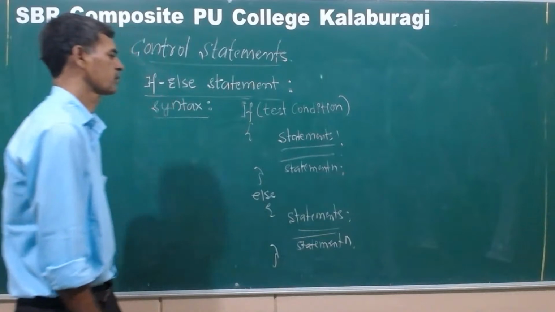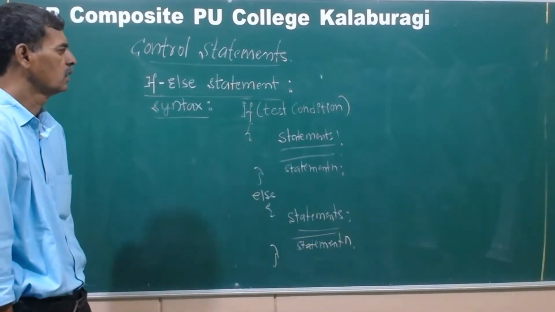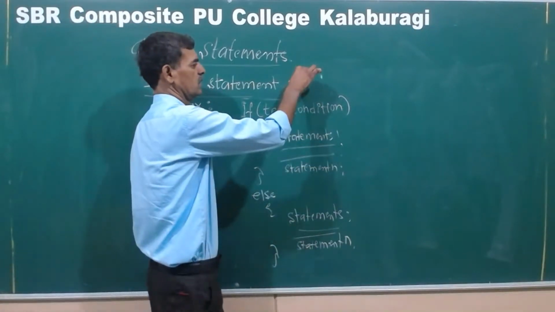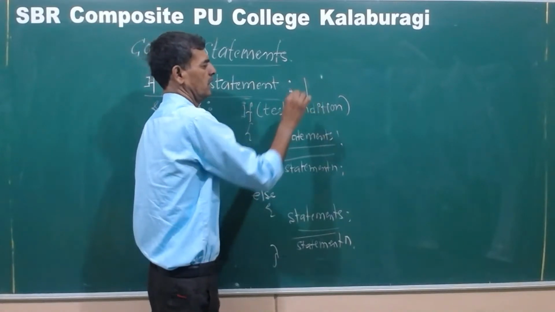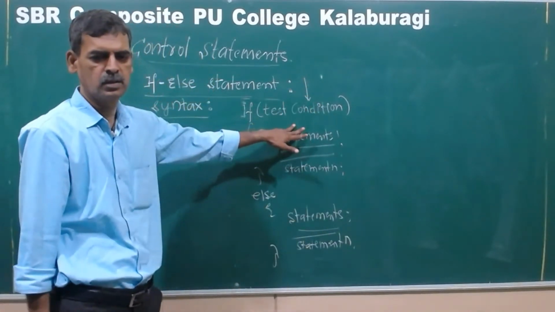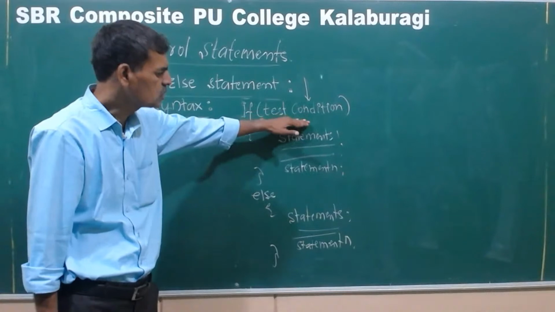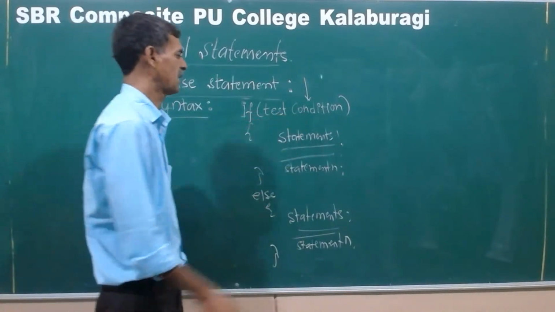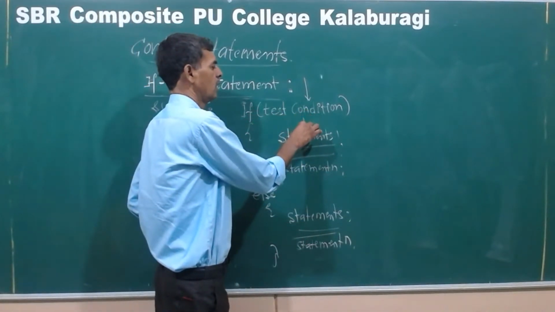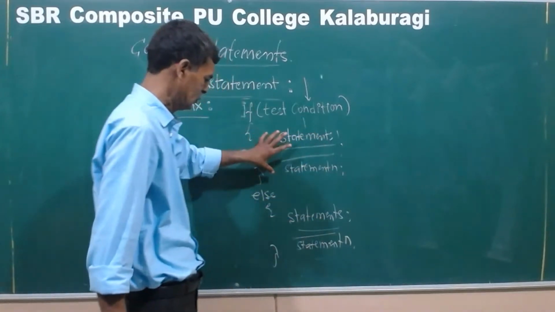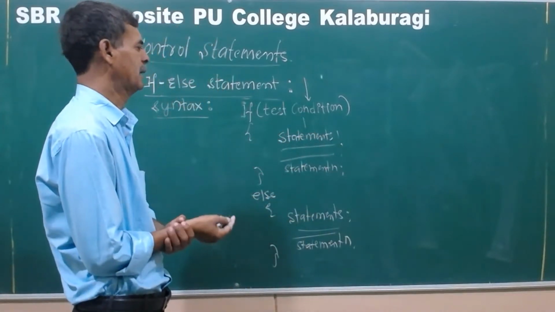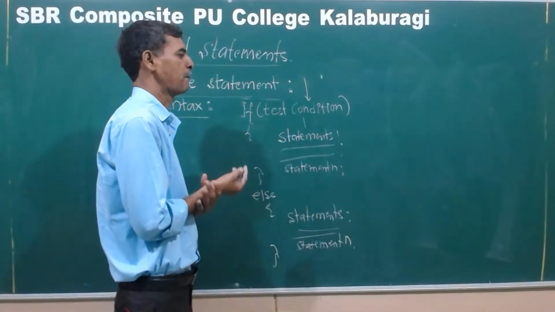Close this. Here, when the control comes here, it will check the test condition. If test condition is true, control comes. Statements in this block are executed.